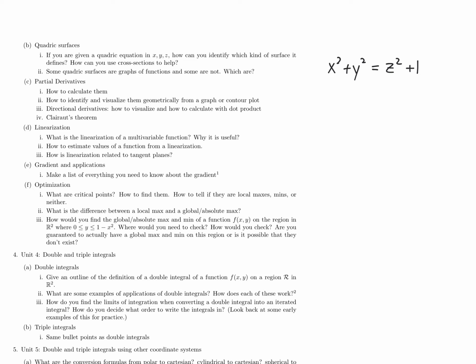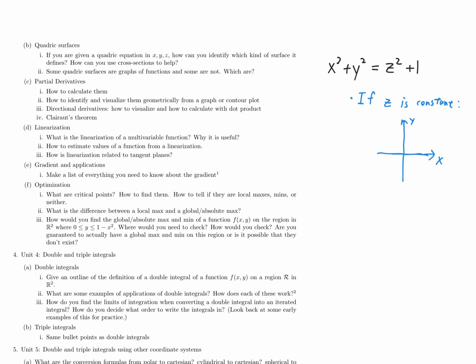So for example, if z is a constant, what do we get in the xy plane? If we set z equal to a constant, then x and y are the only actual variables left. And so we'd get something like x squared plus y squared equals a constant.